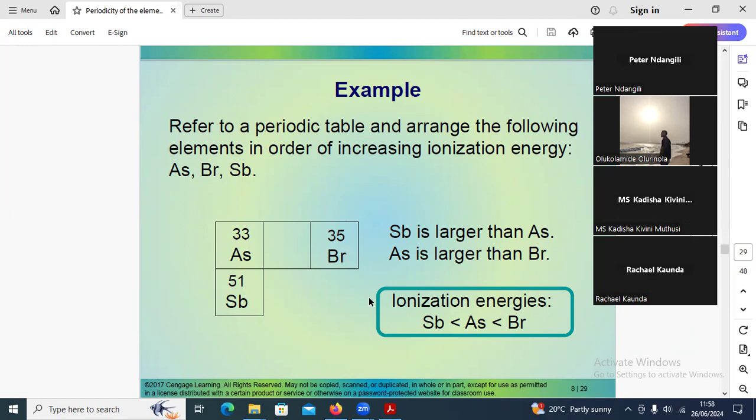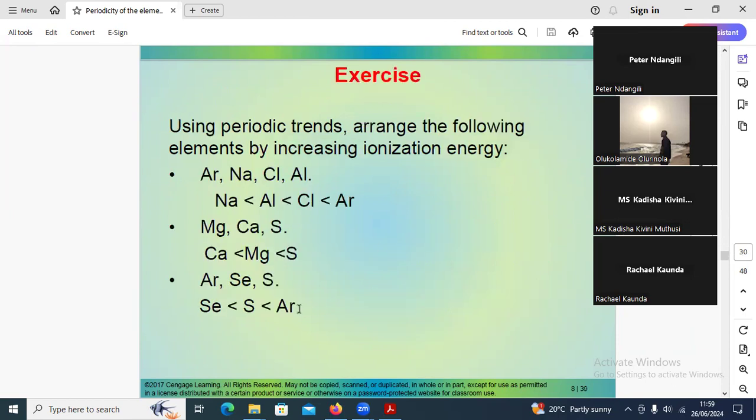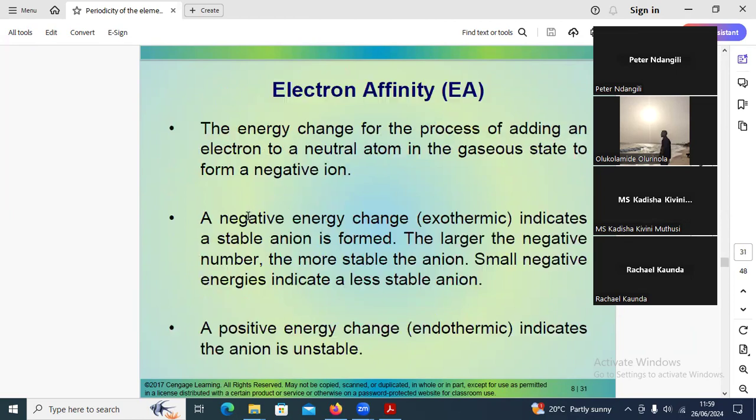And this is going to be explained exactly the same way that we explained effective nuclear charges, because the effective nuclear charges have a direct influence on the ionization energies. If the effective nuclear charge is high, then the ionization energy is high. Therefore, you can use the same principle to explain this arrangement. And then the same can be done for this.